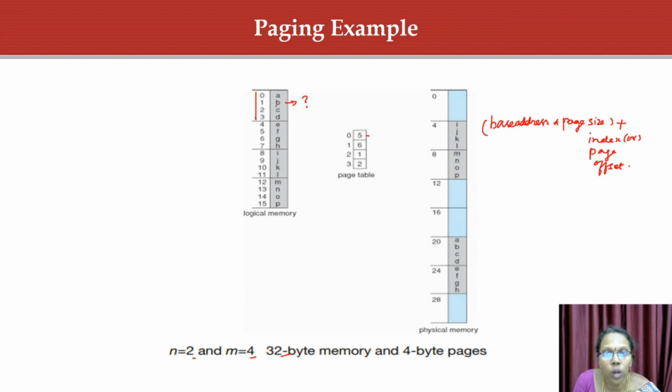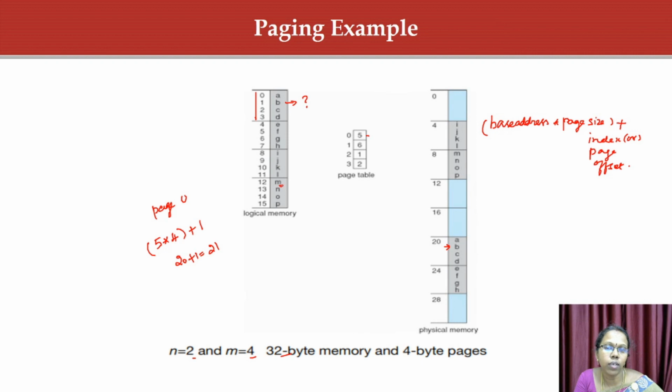Logical address 1 is in page 0. The base address of page 0 is 5, the page size is 4, plus the index of logical address 1, which is 1. So we get 20 plus 1, which equals 21. So the physical memory address 21 is what we get.